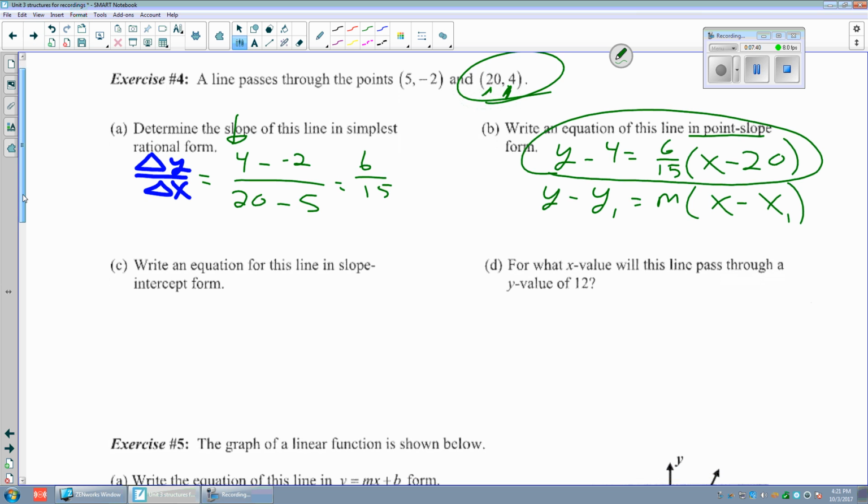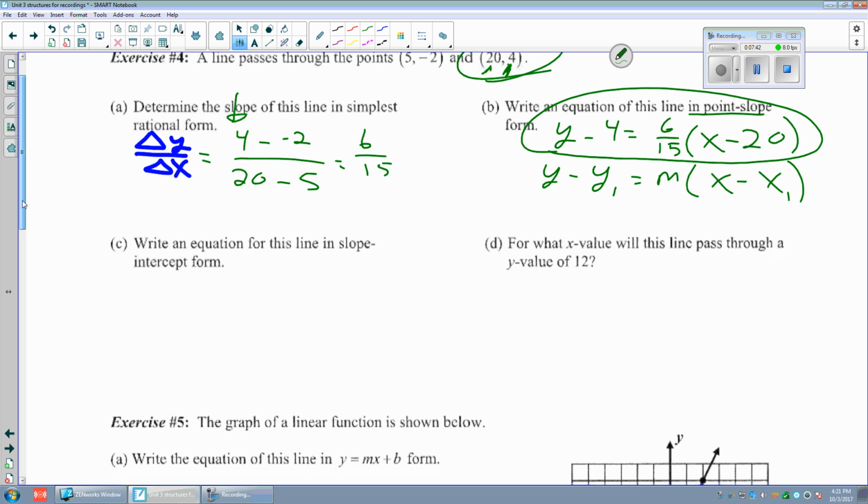Write the equation of this line in slope-intercept form. I want it in point-slope form so I can just distribute. Y minus 4 equals... Can I say that's 2/5? I can say it's 2/5. 2/5 x minus 120 over 15.